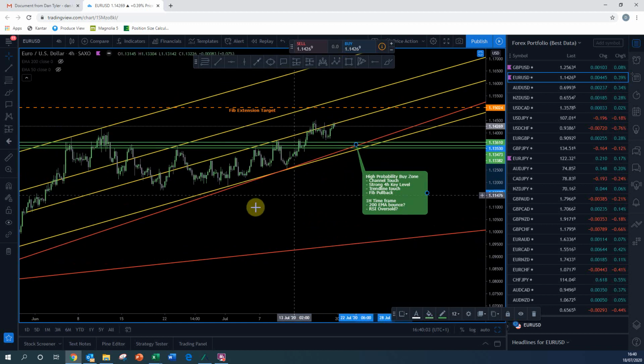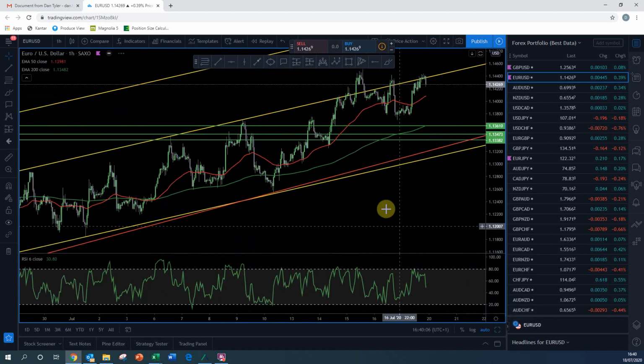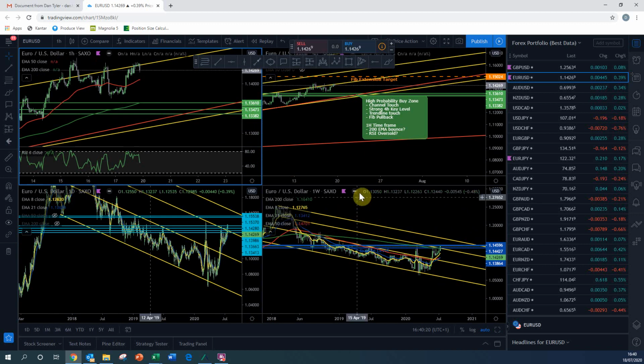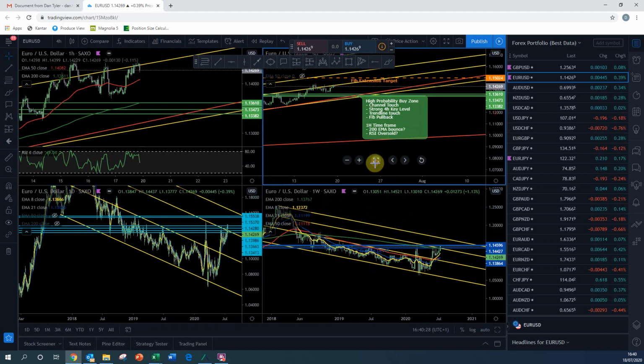And not only that, on lower time frames, we have got the 200 exponential moving average around that area, and we could potentially have an RSI that is oversold as well. So there's a lot of confluence in this area, and we're looking at upside momentum on higher time frames as well.